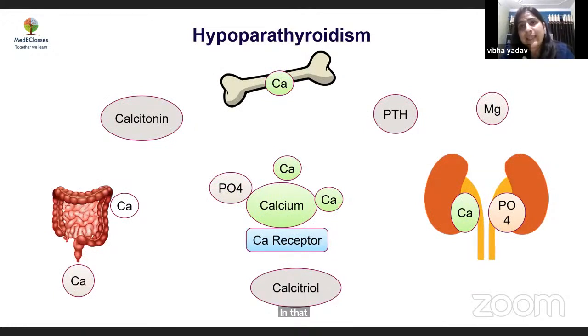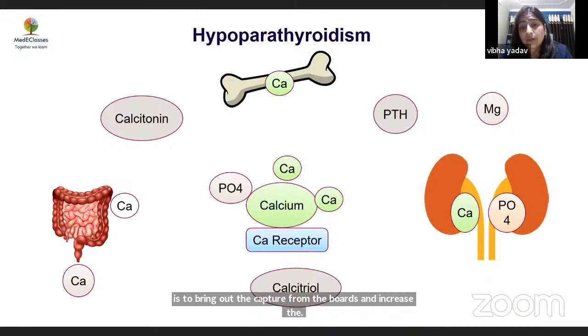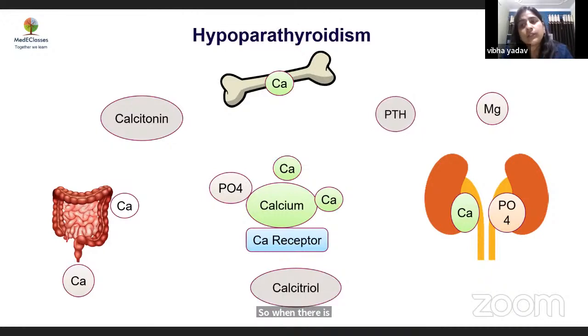So, hypoparathyroidism, in which there is deficiency of parathyroid hormone. And what does parathyroid hormone do? As sir has discussed already, the role of parathyroid hormone is to bring calcium out of the bones and increase the calcium level. So when PTH levels are low, the calcium will not come out from the bone.